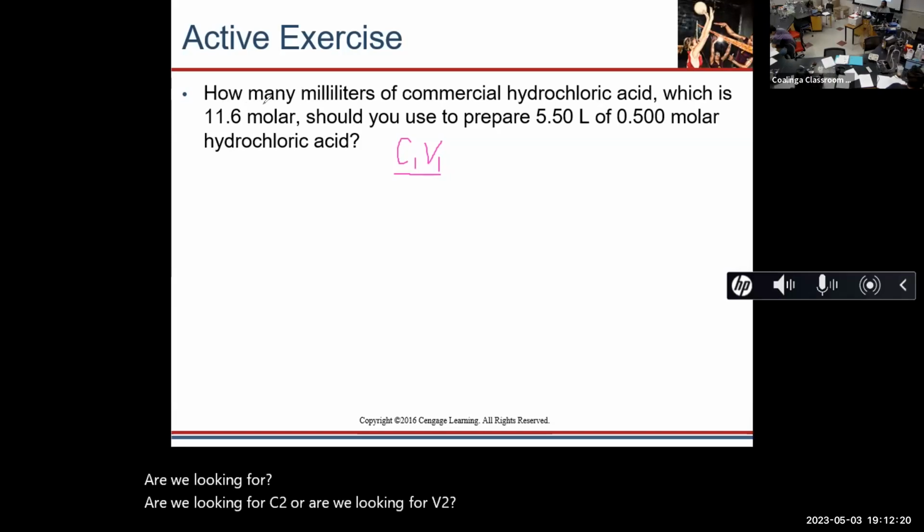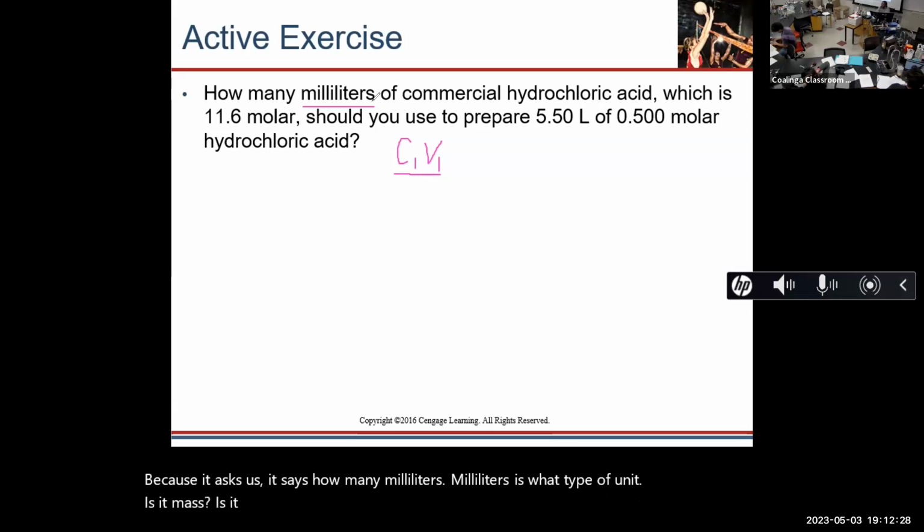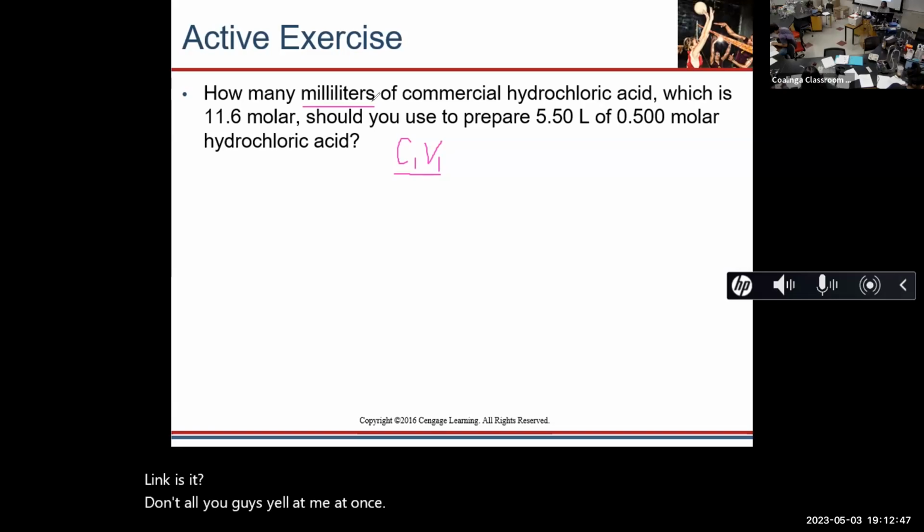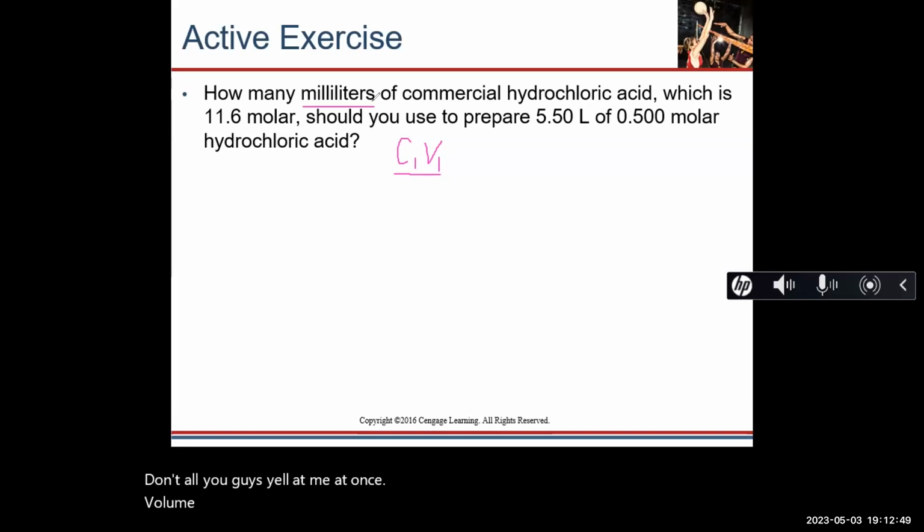Because it asks us, it says how many milliliters? Milliliters is what type of unit? Is it mass? Is it volume? Is it concentration? Is it length? Don't all you guys yell at me at once? Volume. It's volume. That's right.